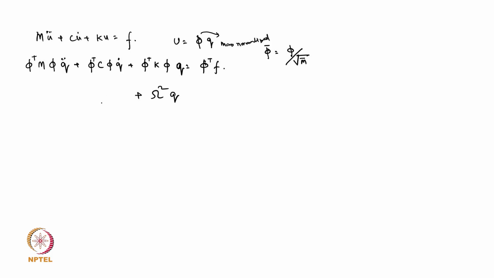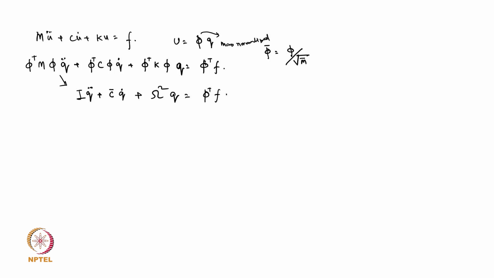C, I am just leaving that, I'm not putting anything in that because a thorough discussion is required. And this one will become identity. Yes, perfect. We have already checked that that will become the identity matrix. So then we have the C term with q dot equal to phi transpose F.